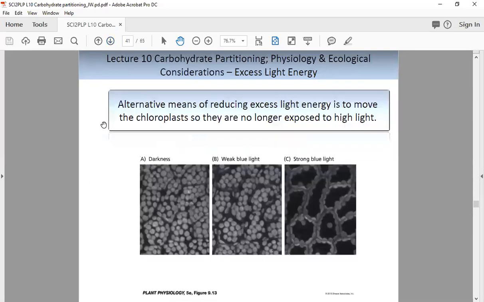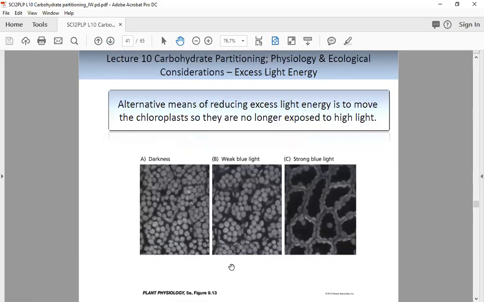An alternative means to reducing excess light energy is to move the chloroplasts so that they're no longer exposed to high light. In this image, we can see cells of the duckweed Lemna under three different conditions: darkness, weak light, and strong blue light.